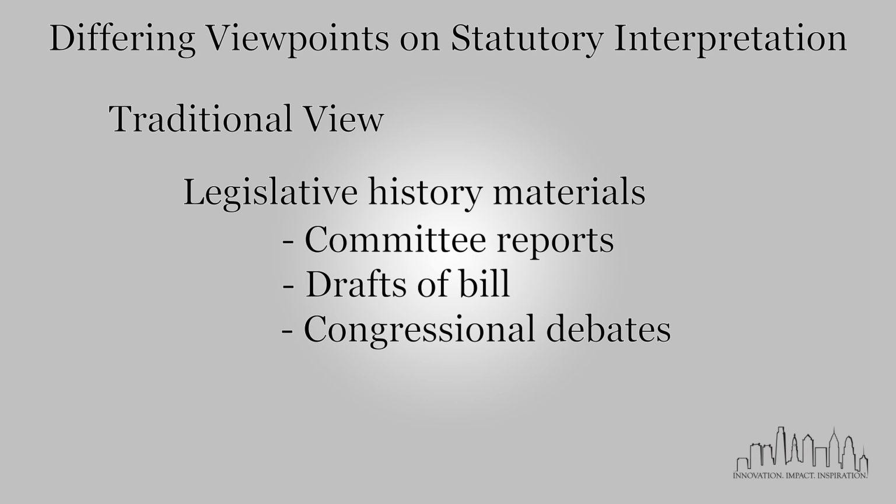And these legislative history materials, this information that develops in the enactment process, a traditional interpretation approach would say, are available to a judge in figuring out what the legislature had in mind and what it meant by the words it enacted.